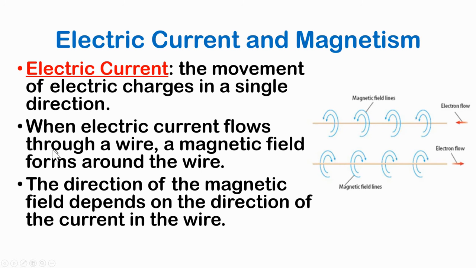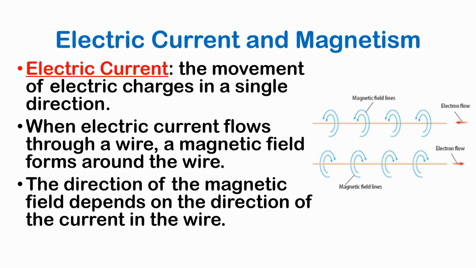And it's really cool because it does all the neat stuff that we know and love. So let's find out what that stuff is. Let's talk about an electric current. An electric current is the movement of electric charges in a single direction. So a current is electrons moving from one place to another.